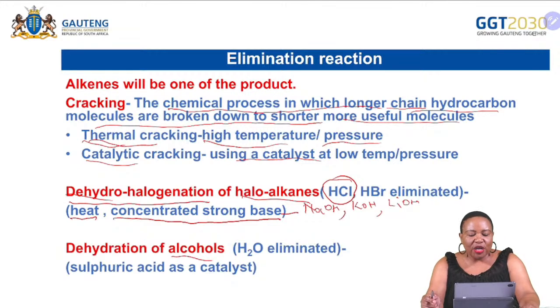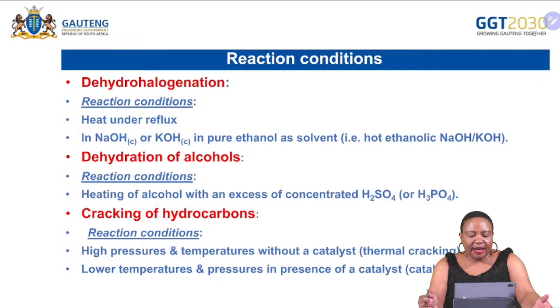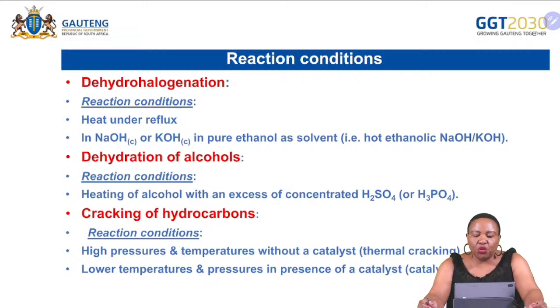Now let's start by looking at cracking. When we look at cracking, we can use different alkanes to do cracking. We can use maybe octane, whereby octane will form smaller useful compounds like ethane and propene.